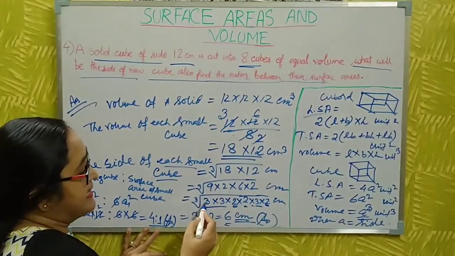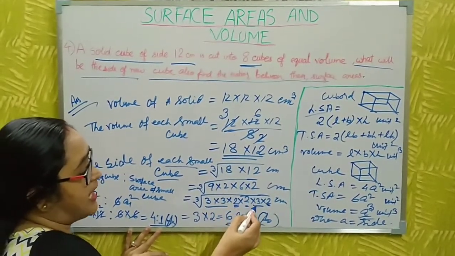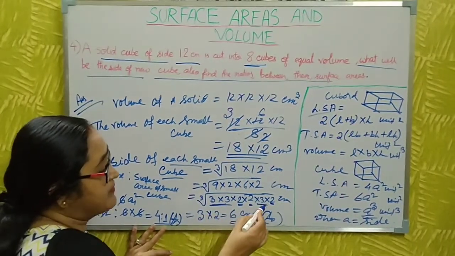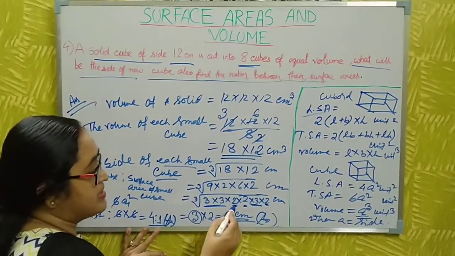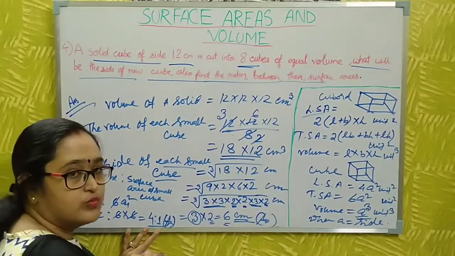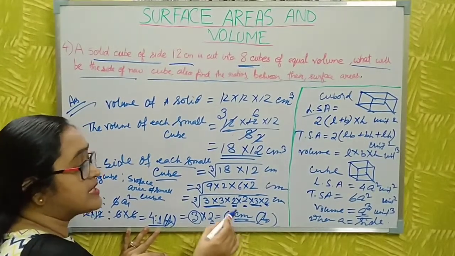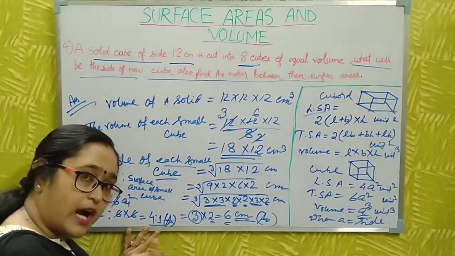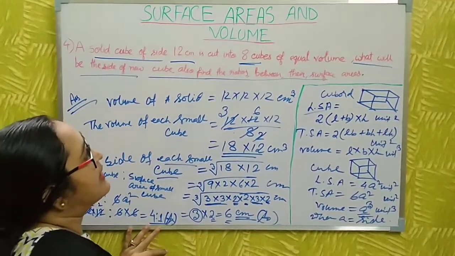Then 9 is 3 3s, 2 remains, 6 is 2 3s, and 2 remains. From 3 3s you take 1 3, and from 2s you take 1 2. Then you multiply to get 6. This is the side of each small cube. Understood?